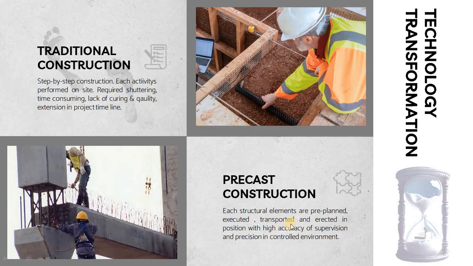After that the elements will be transported and erected in position with high accuracy of supervision and precision in a controlled environment. Here in the bottom left hand side picture you can see this is the precast column and this is the precast beam, and from the top another precast column is erected. You can see the finishing and site condition is far better than the cast in situ part.